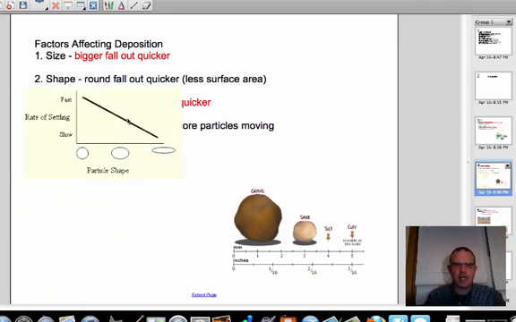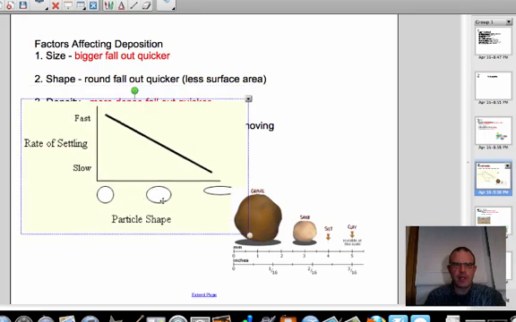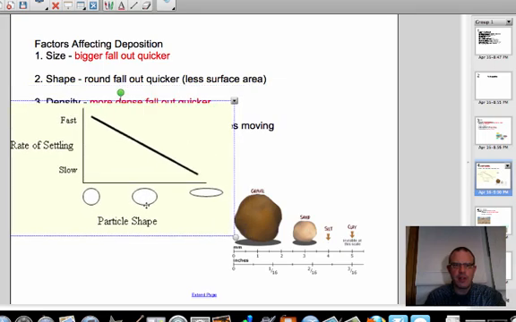Shape, which is the second diagram here, is going to show us that rounder particles settle out faster than particles that are more elliptical or more flat. So if we have something that's round, it will fall out relatively fast compared to something that's flat. Flat, you're going to have more water pushing up on that particle to keep it afloat.